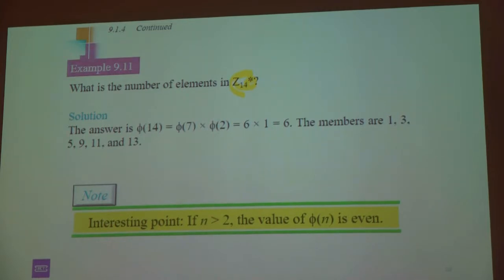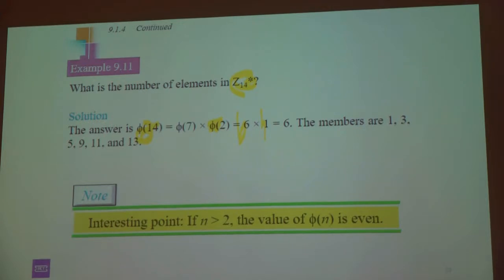No, right? So you have to calculate the phi for it. 14 equals 7 times 2. 7 is a prime, 2 is a prime. So phi of 7 is 6, phi of 2 is 1, then it equals 6. So the numbers are 1, 3, 5, 9, 11, 13.